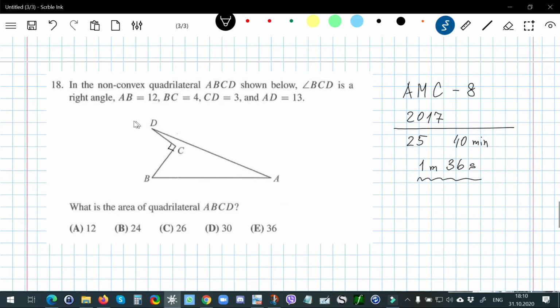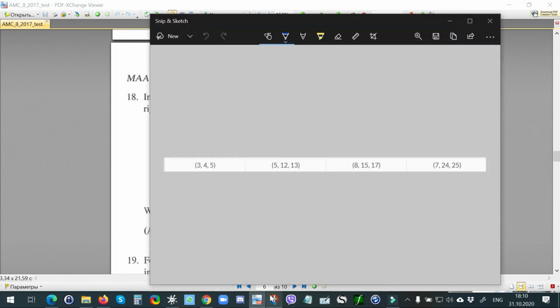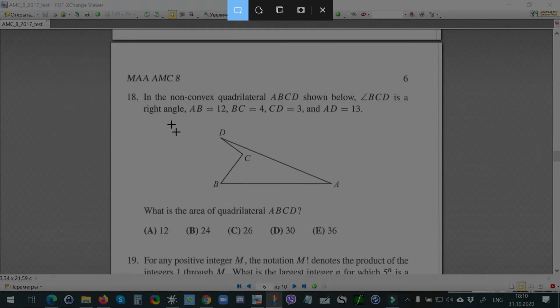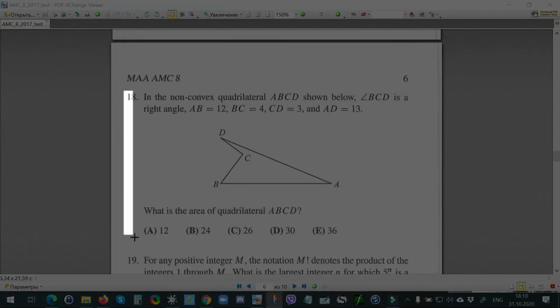So we have AB 12, BC 4, CD 3, and AD 13. Already those 4 and 3 and 12 and 13 somehow hint at Pythagorean triples, but to have Pythagorean triples, we have to have right triangles. We don't see any right triangles here.